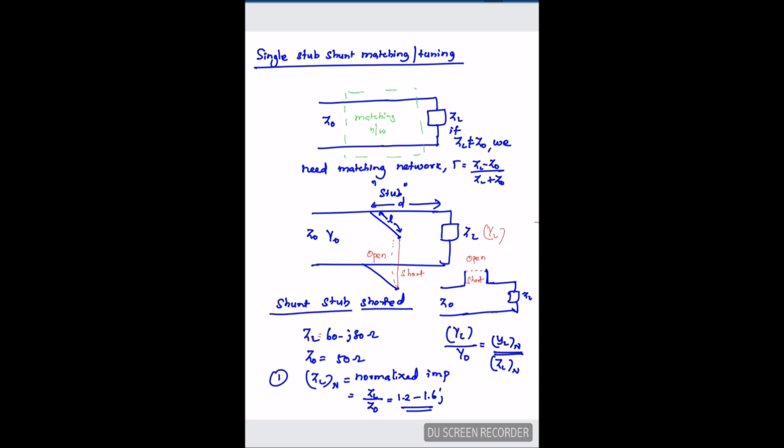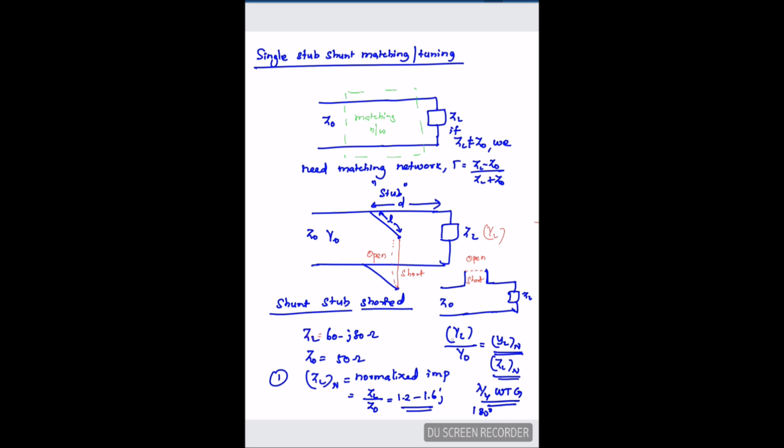Or else I have a shortcut method in the Smith chart. If I know the ZL normalized, and I move lambda by 4 wavelength towards the generator, that is a 180 degree rotation in the Smith chart, I can get the admittance scale.